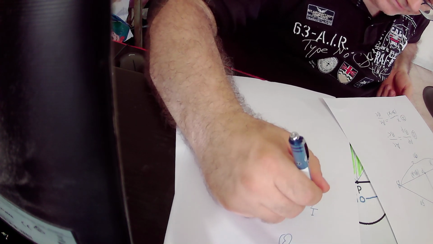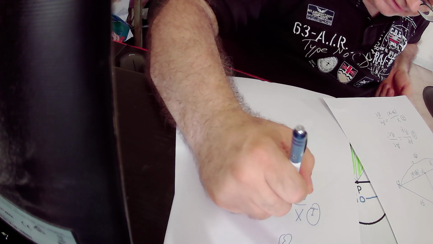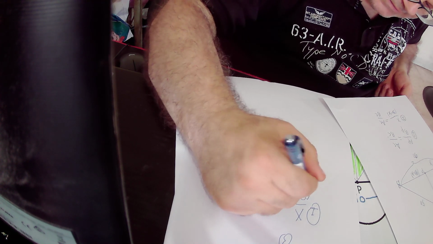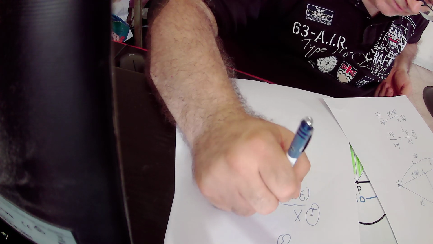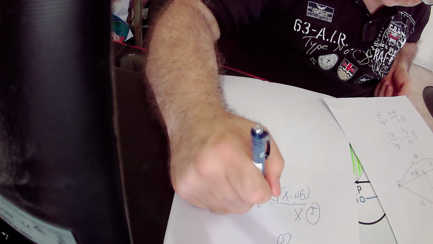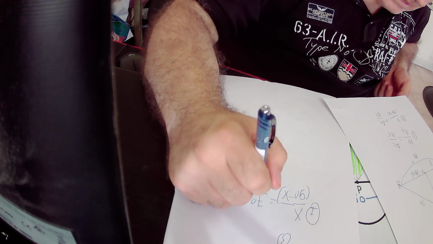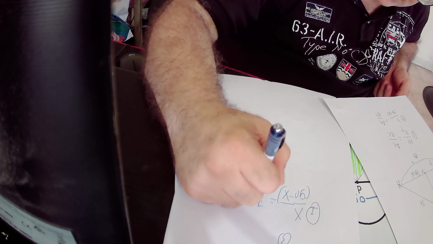So we have here x over 90 minus x equals, we will substitute AC by 70 and BC by 50.